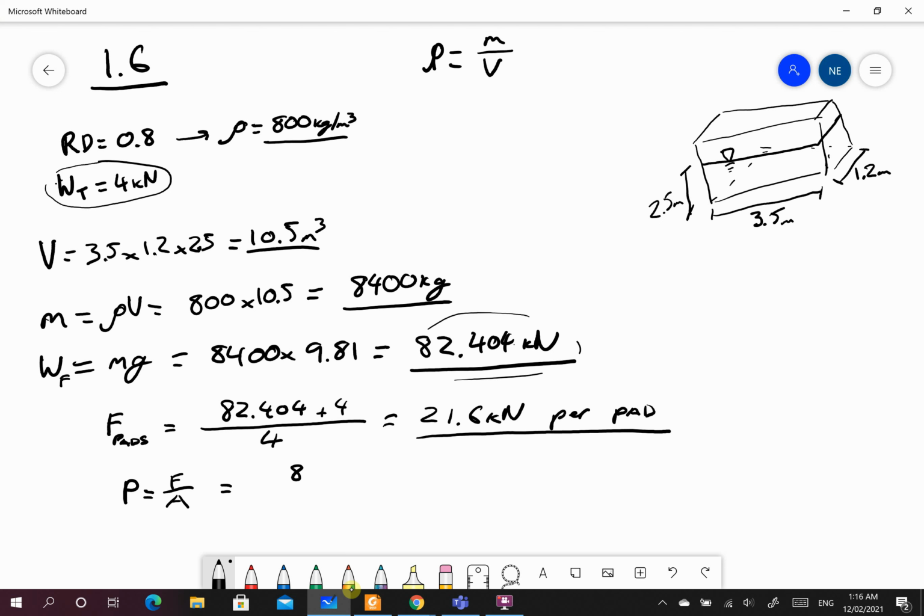So that is 82.404 all over 3.5 by 1.2. Gets me the area of the base through here. That there is equal to 19.6 kPa, and that is the pressure acting on the base of that tank.